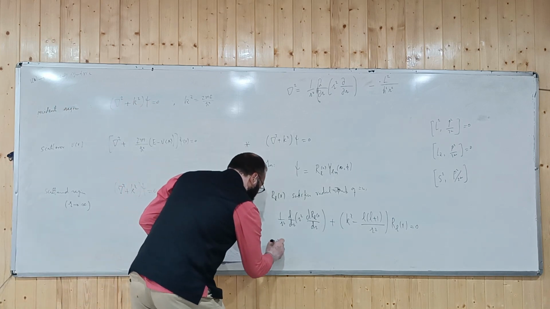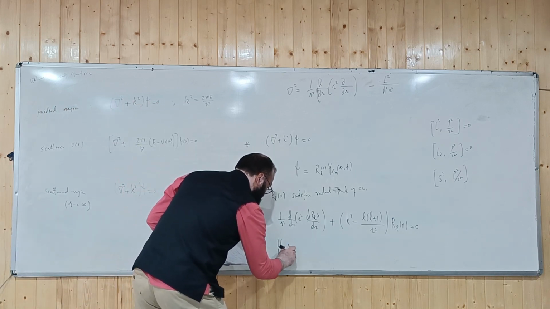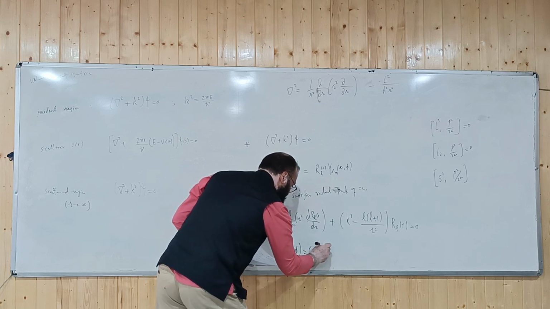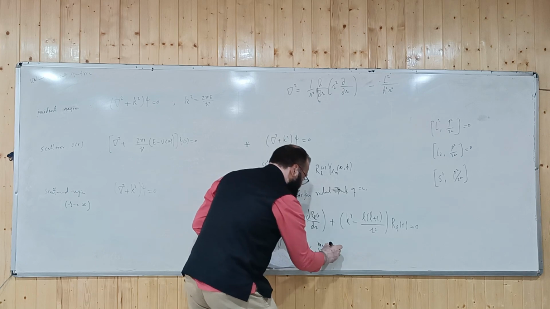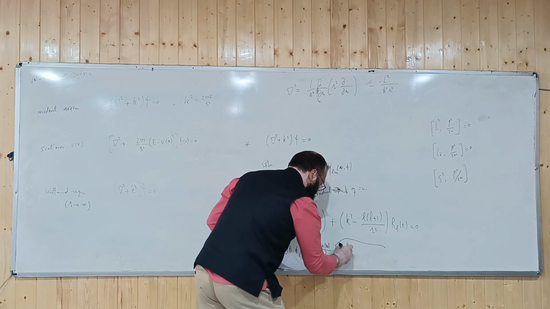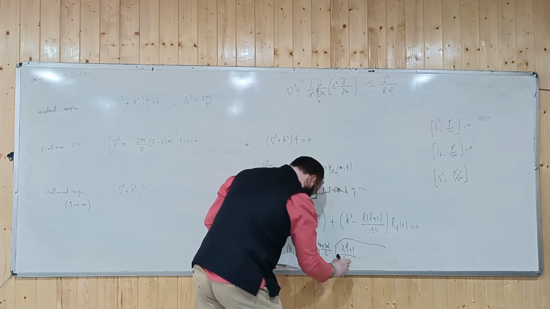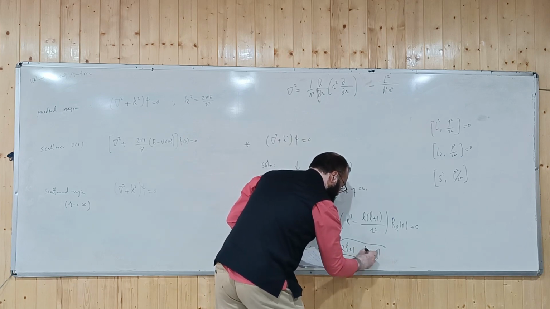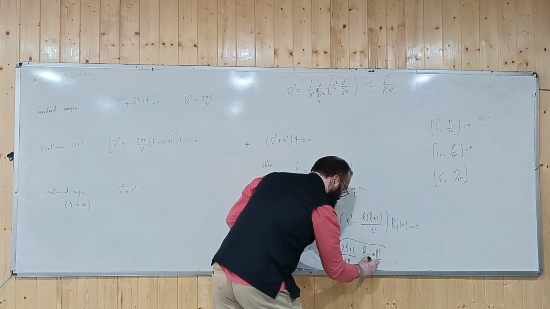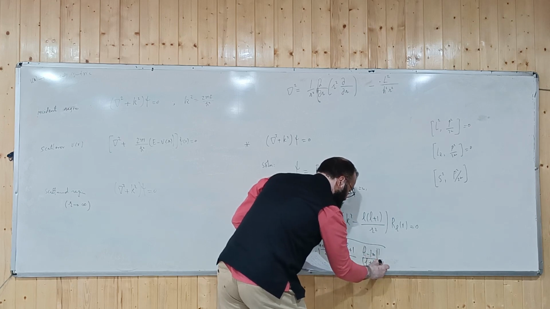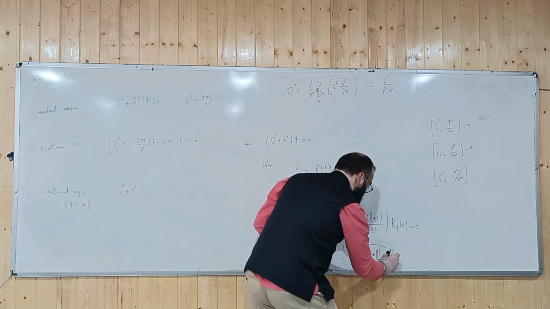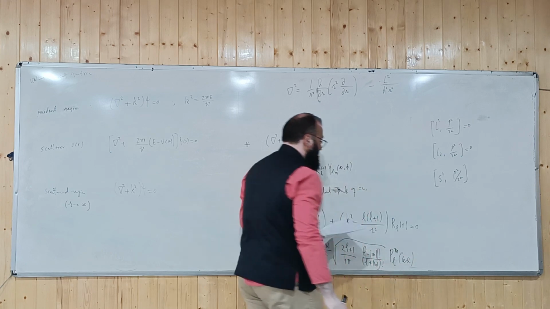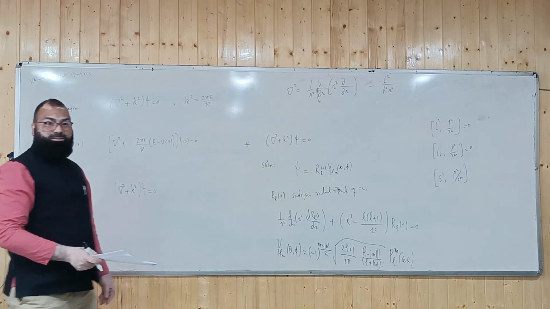And Y_LM, these you know. Let me repeat it here. It is something like (-1)^((m+|m|)/2) times root of (2L plus 1) divided by 4 pi, times (L minus m) factorial divided by (L plus m) factorial, times P_LM. And P_LM are associated Legendre polynomials.